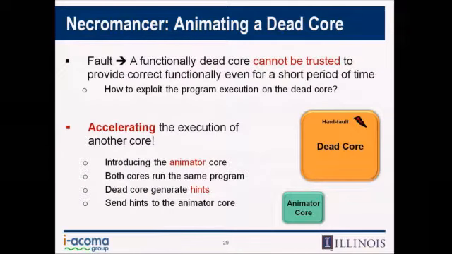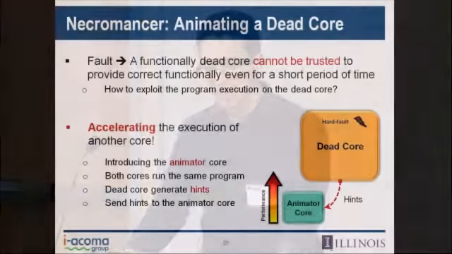Given that the dead core contains a fault, we cannot trust that core to execute the program even for a short period of time. Then the question becomes: how can we exploit such a core? The approach we're taking is to use that core to accelerate another core. We have this dead core that contains a hard fault, and we add a little core to the system that we call the animator core.